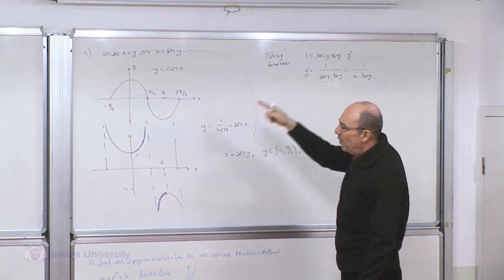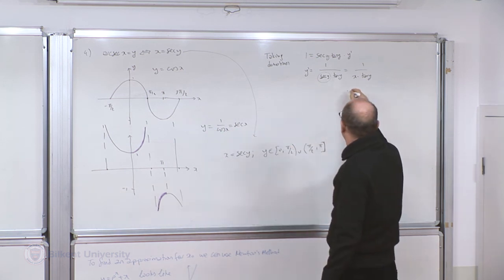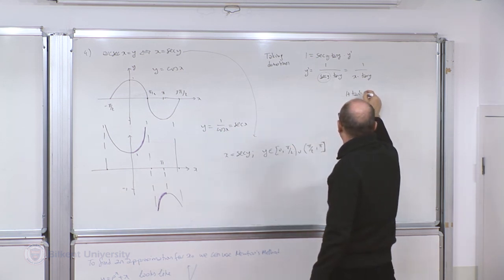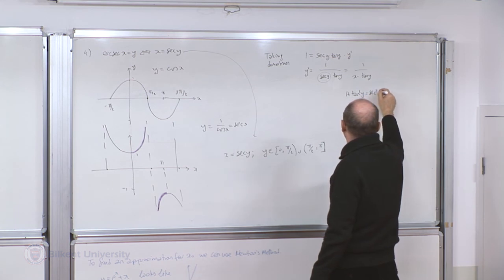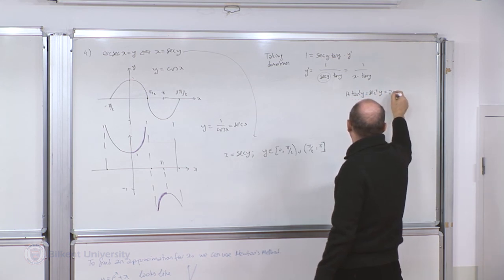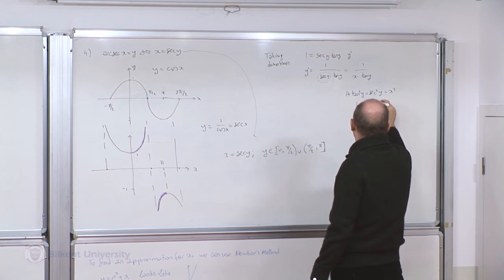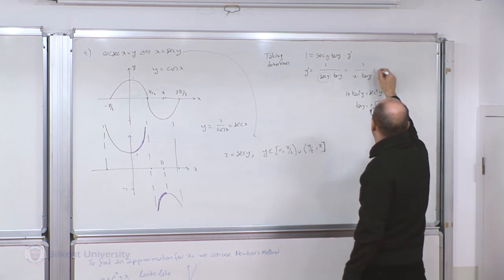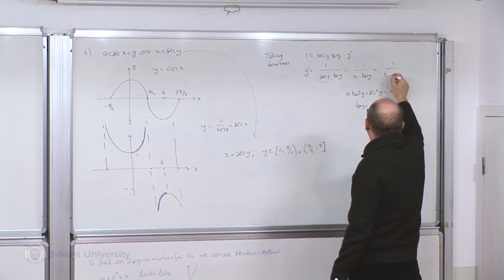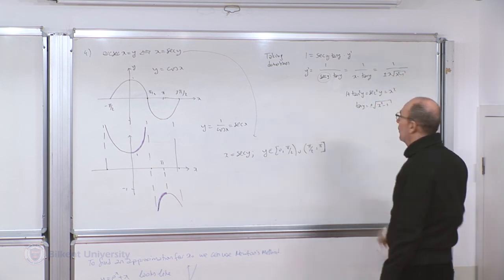And this tangent y we take from the other: 1 plus tangent square y is equal to secant square y, which is equal to x square. So tangent y is plus or minus square root of x square minus 1. So I'll have here 1 over plus or minus x times the square root of x square minus 1.